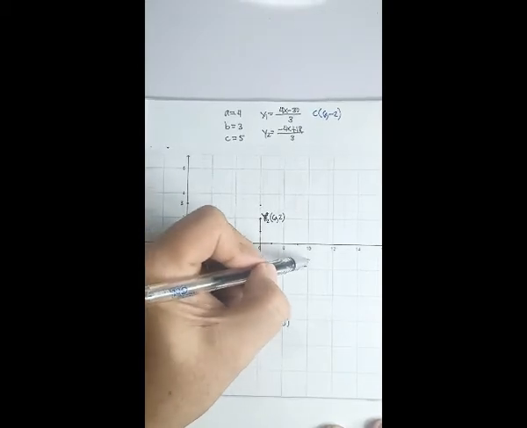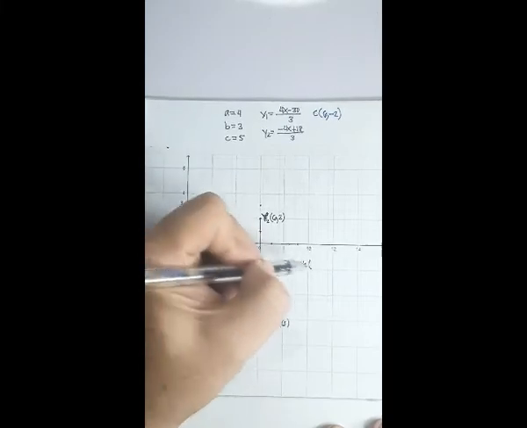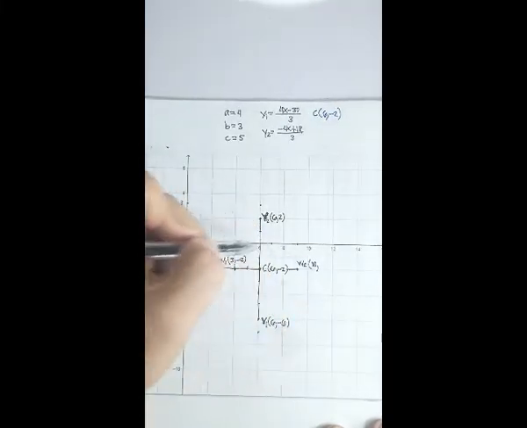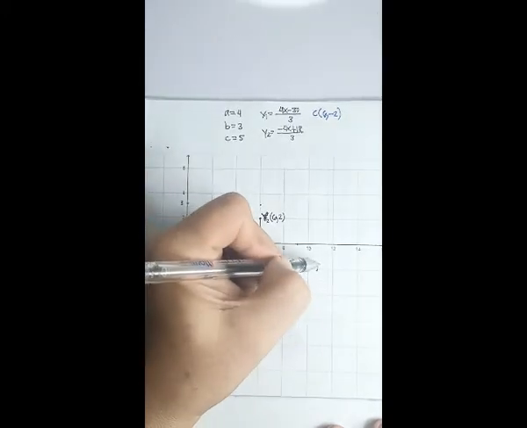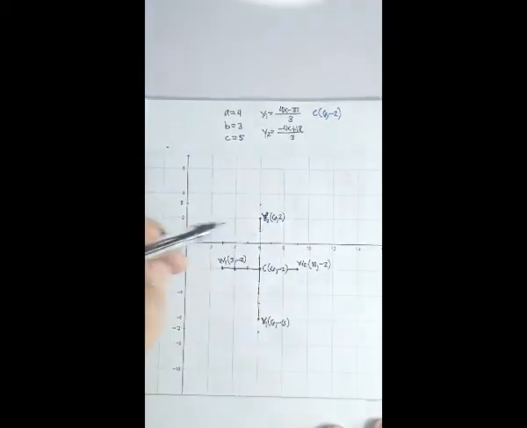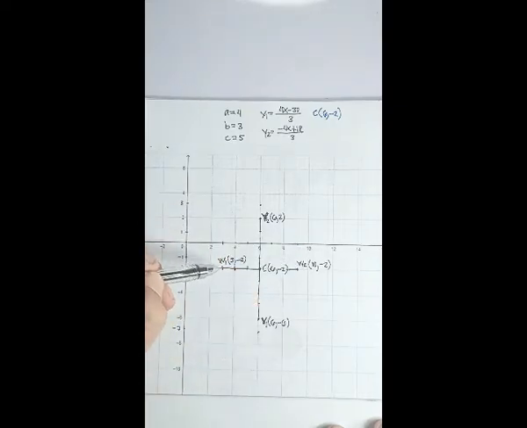Then itong W2, it is at 10, and then down og 2, so 10, negative 2. So this is 10, and then negative 2. Kaning W1 nato is 3, and then negative 2.